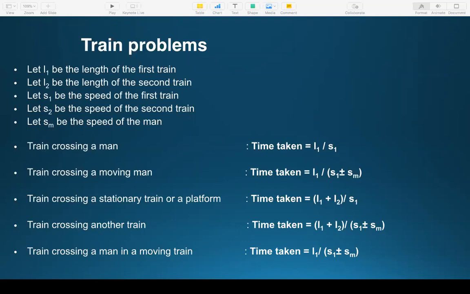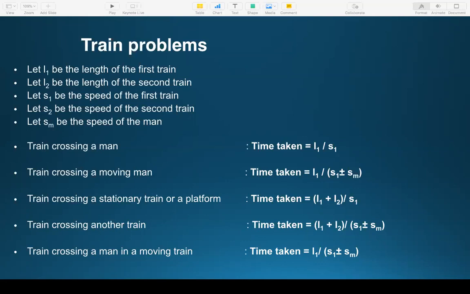If you are standing on a railway platform and a train is coming, then what is the time taken by the train to cross you? When you get this question, what is the time that you need to find out?